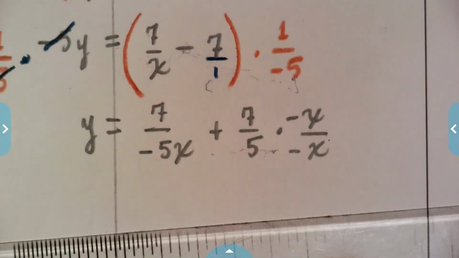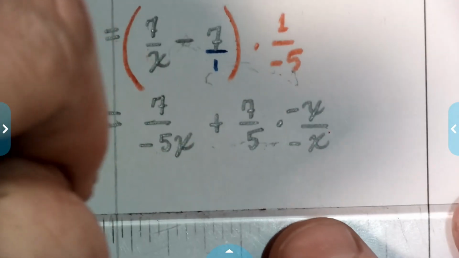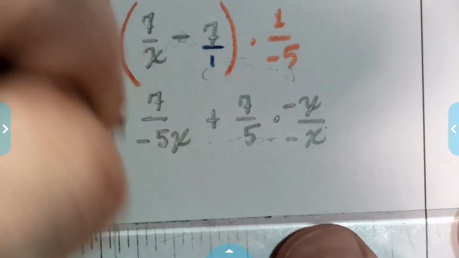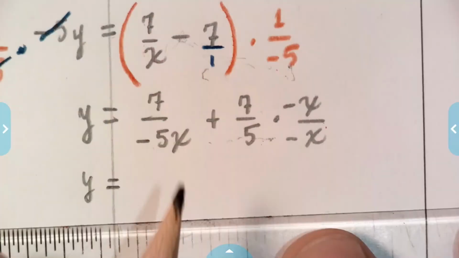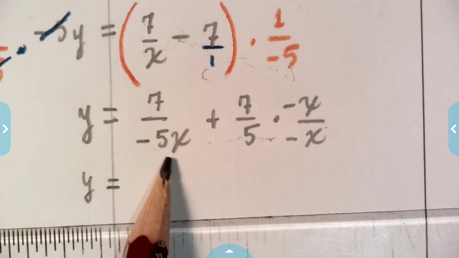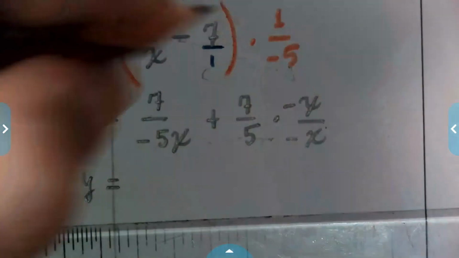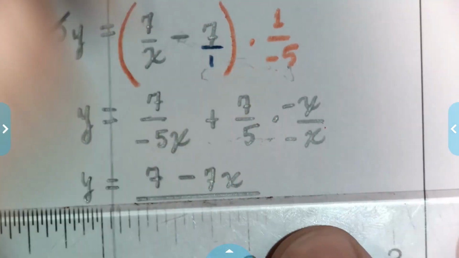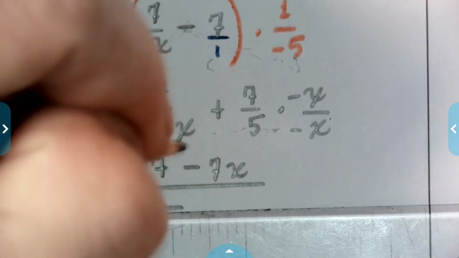Because you have to multiply by something that reduces to 1. So anyway, we're going to write y equals. And now I have the same denominator. Okay? So I can write 7 minus 7x all over negative 5x.